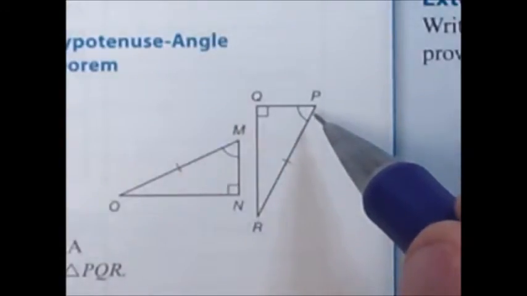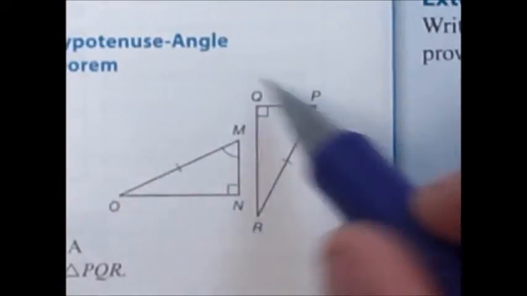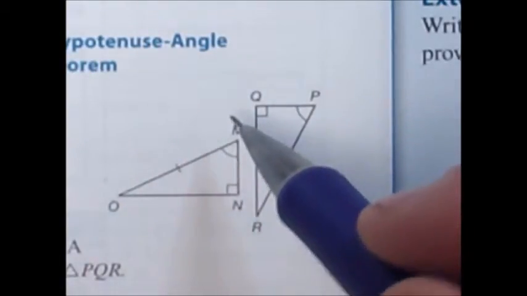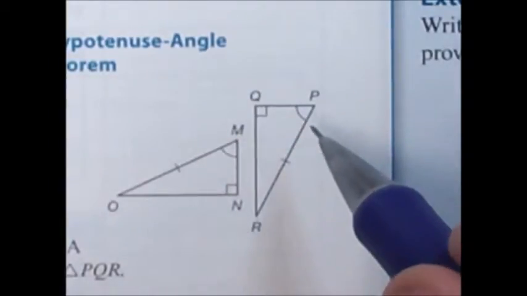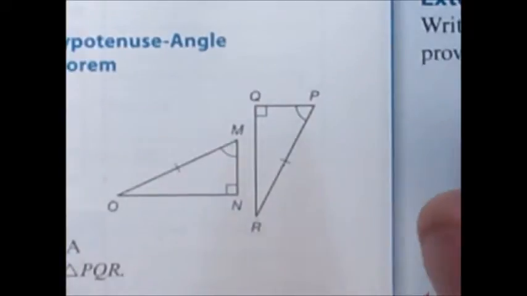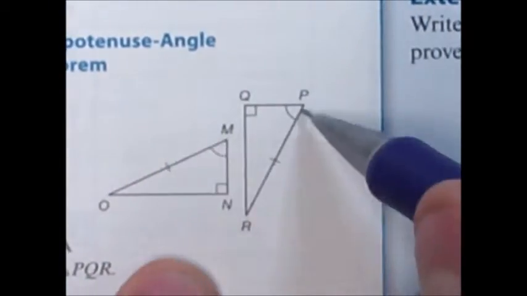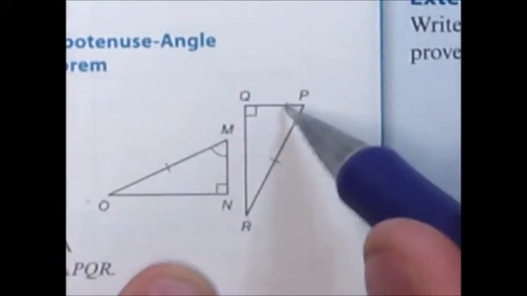The 90 degrees doesn't count. Remember, it has to be a right triangle, so the 90 degrees is the thing that says it's a right triangle. We have to have another angle that is congruent. I'll explain why that is in a little bit. So I need a hypotenuse or a leg, and here it's a hypotenuse and an angle, P and M.